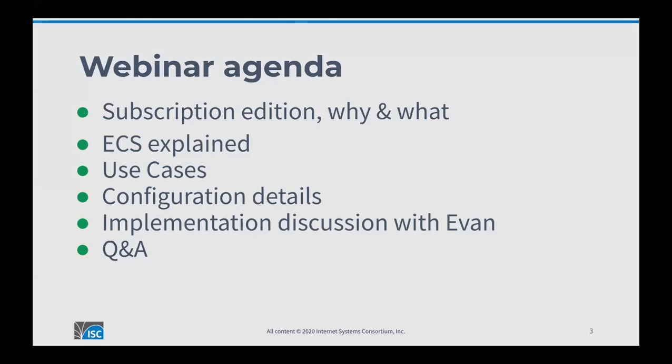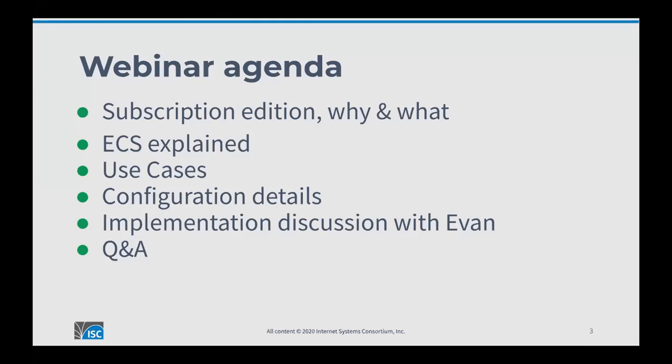These are the things we're going to talk about today. First, I'm going to talk to you about the subscription edition, essentially why we have it, what's included in it, how you can get it, etc. We'll talk about ECS, of course. I'll take you through a couple of the use cases that we've seen our implementation of ECS used for. I'll take you through a few of the configuration knobs, and that'll have some detail straight out of the ARM.